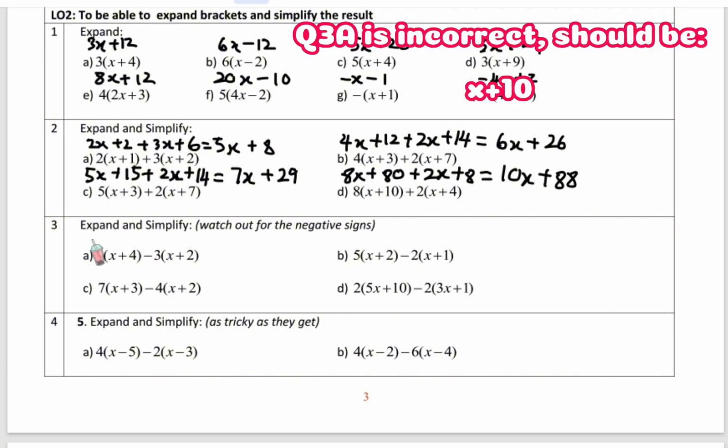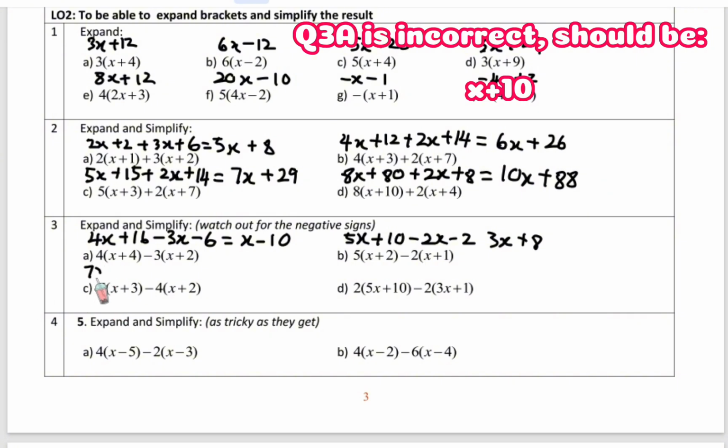Question 3. For A, this will be 4x plus 16 minus 3x minus 6. And it will be x plus 10. For B, it will be 5x plus 10 minus 2x minus 2. So this will be 3x plus 8.